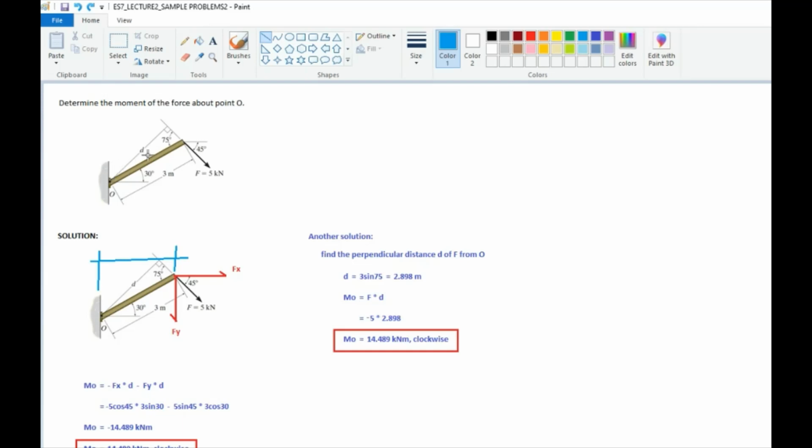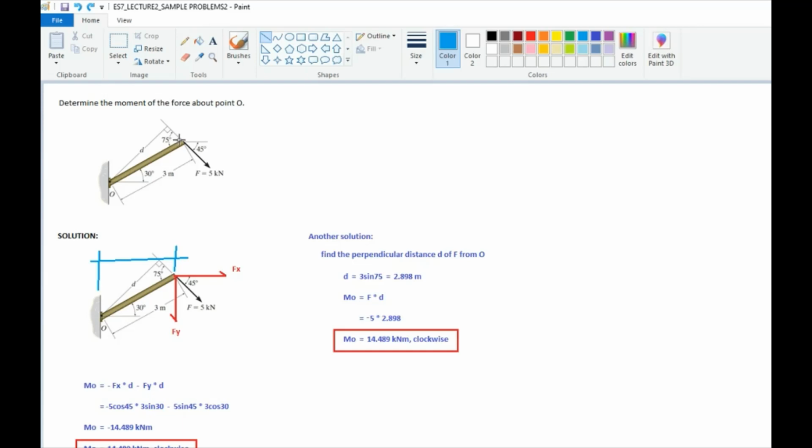If you want to directly multiply the 5 kilonewton force by the distance, you must find D, the distance perpendicular to the line of action of the force going to O. The value of D would be, since this is the hypotenuse, 3, so 3 sine theta, or 3 sine 75, because this is opposite the angle.